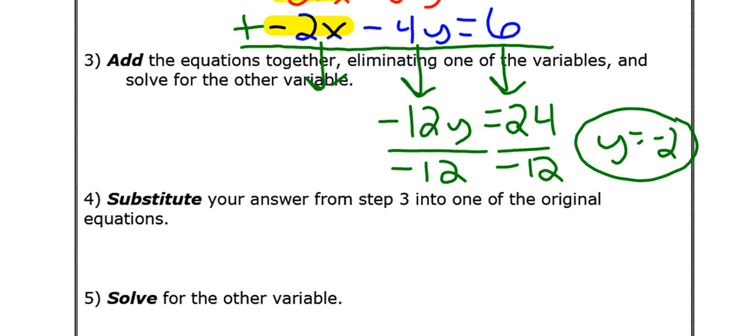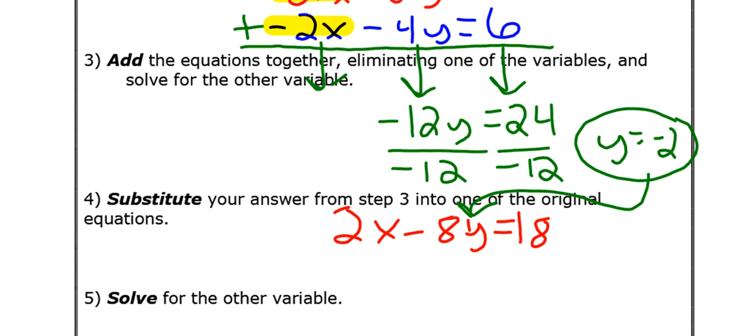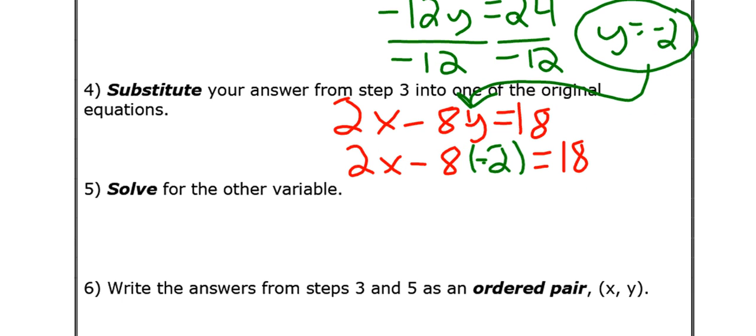I'm going to rewrite it: 2x minus 8y equals 18. Now I'm going to substitute this negative 2 in for y. So I have 2x minus 8 times negative 2 equals 18.